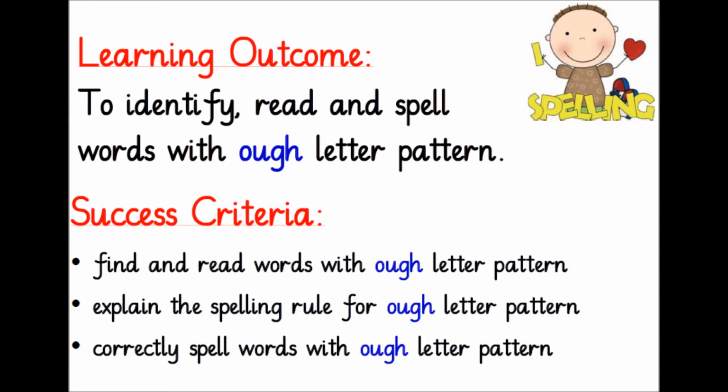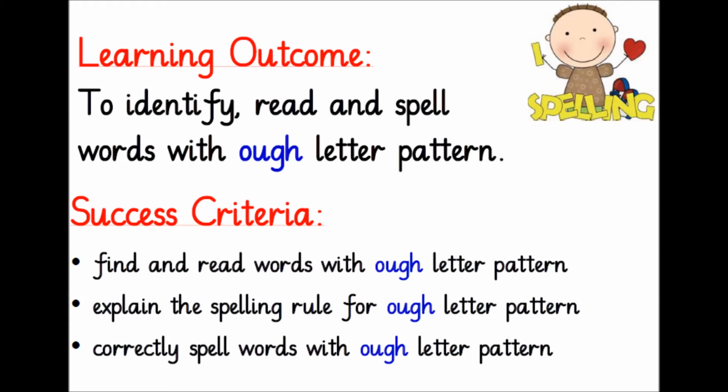The success criteria then: find and read words with OUGH letter pattern, explain the spelling rule for OUGH letter pattern, and correctly spell words with OUGH letter pattern. Now, the reason I'm spelling it out each time is because OUGH has loads and loads of different pronunciations, which we will go through in time.